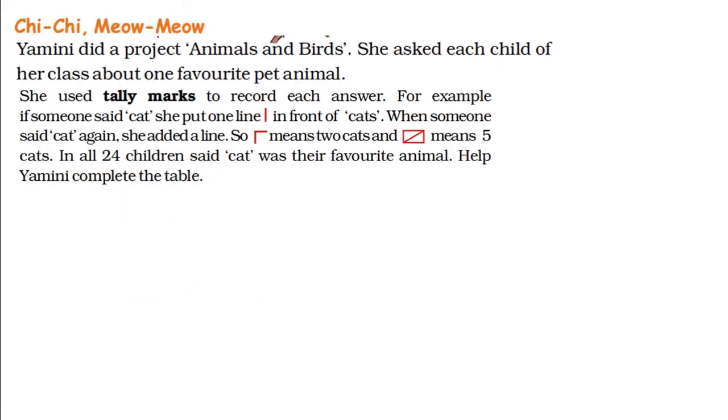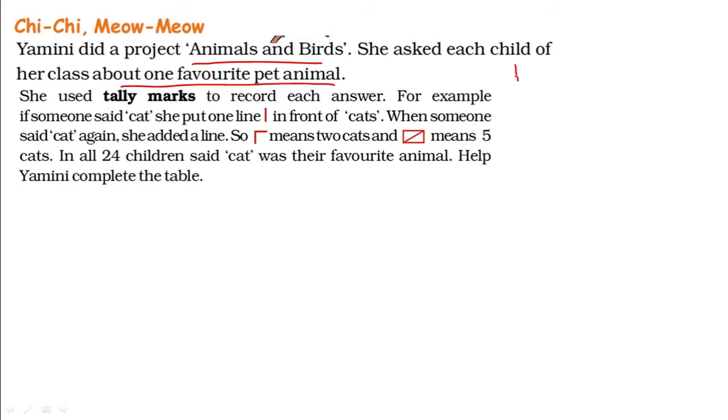Chichi meow meow. Yamini did a project on animals and birds. She asked each child of her class about one pet animal. She used tally marks to record each answer. For example, when someone said cat, she put a mark like this.